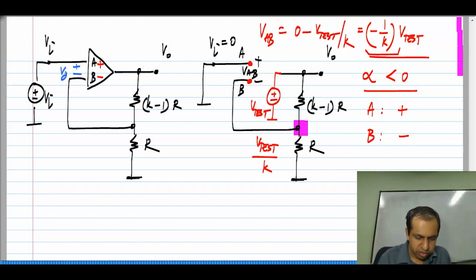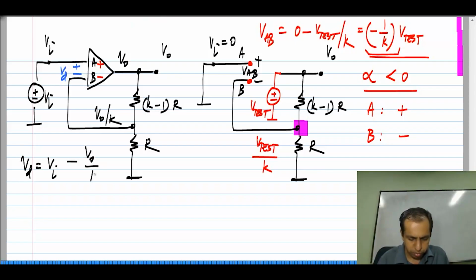In other words, this is VD according to the assumed signs, and if I evaluated VD in terms of V naught, which is the output voltage of the op-amp, and Vi, what will I get? So, this voltage is V naught by K, and this voltage is Vi. So, Vd is Vi minus V naught by K, or basically minus 1 by K times V naught plus Vi.